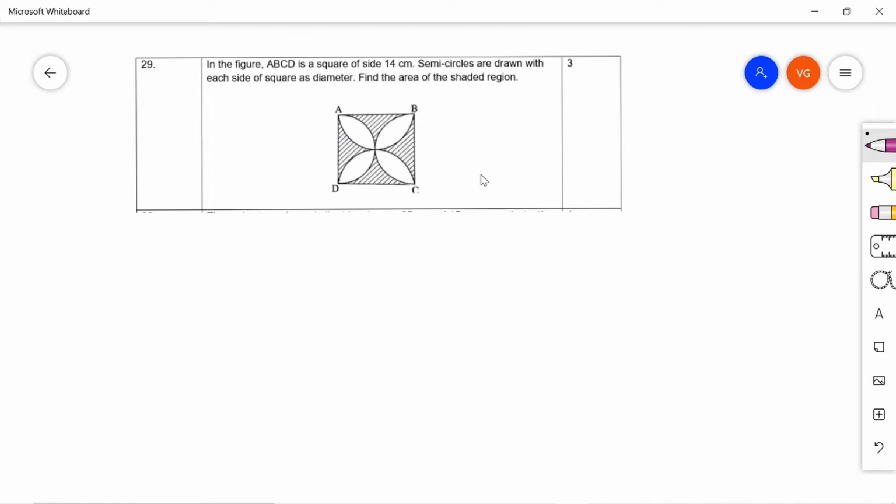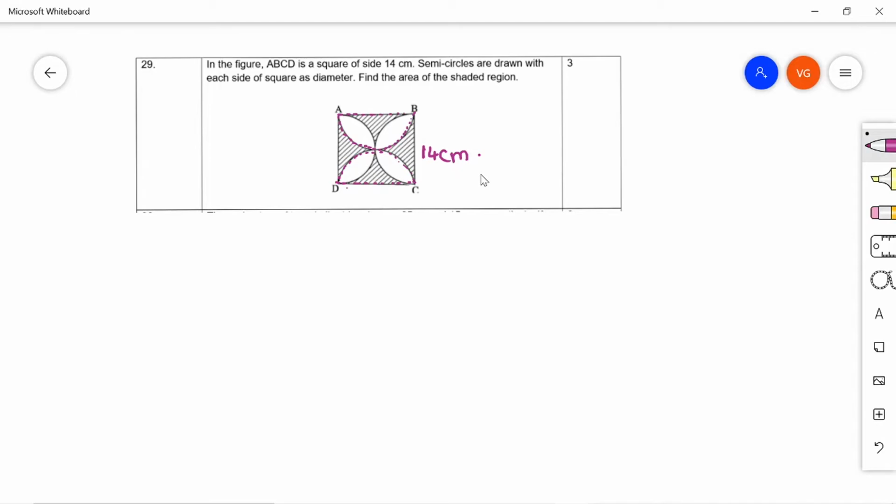It's a square, each of side 14 centimeter. And this is the semicircle drawn here, two semicircles with the diameter as AB on one side and CD as another side, right? So these are the two semicircles drawn. Now we have to find the area of the shaded region.